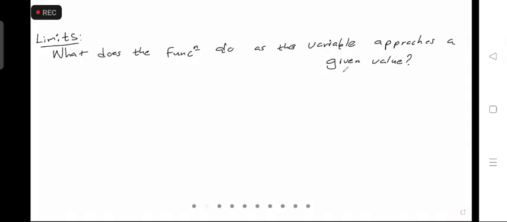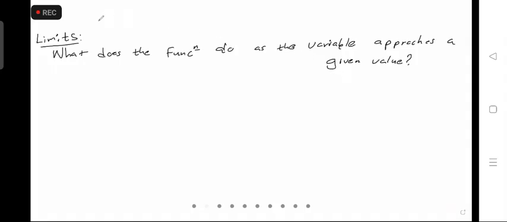For example, in the earlier case, we brought the x value very near to 1. Then we can find the gradient of the secant, and that gradient value gets very close to the exact tangent line of the curve at that point. So we can find the equation.